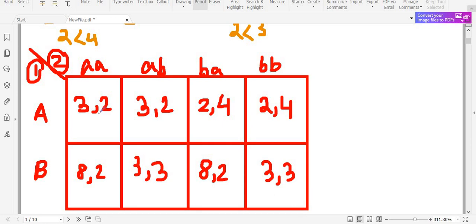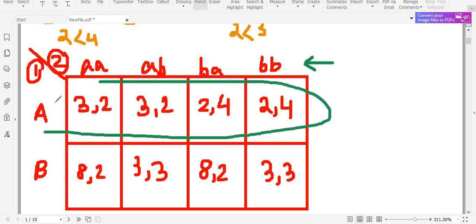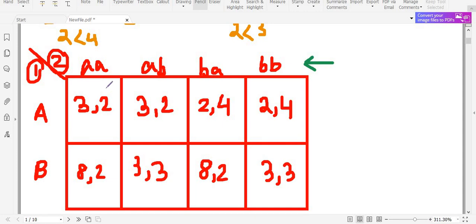Now when we see this matrix, let us first start from the choice of player 2. We can start from either way, so let us just arbitrarily choose player 2. If player 1 chooses capital A, we look at this first row.